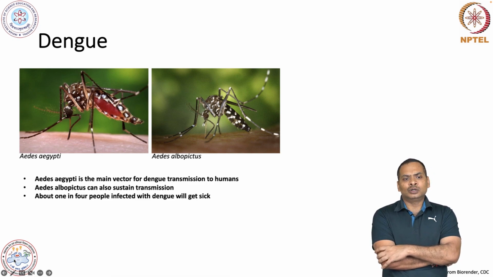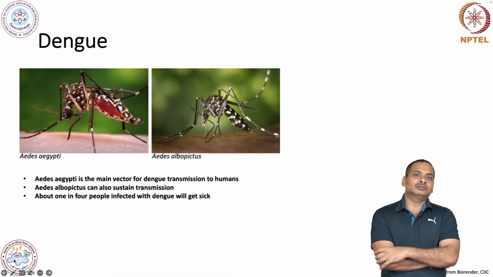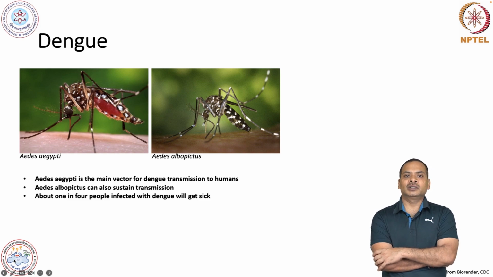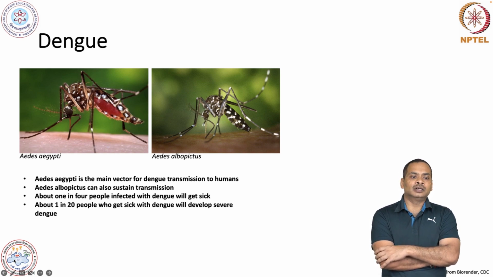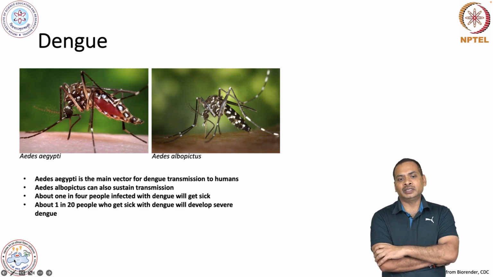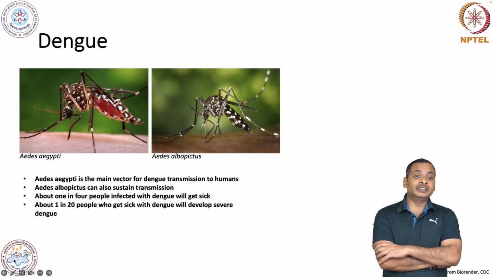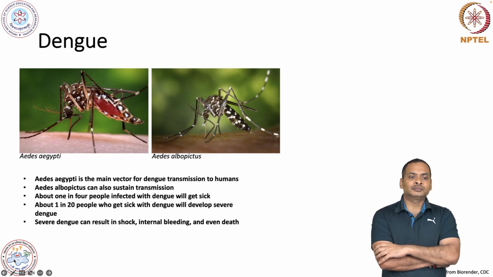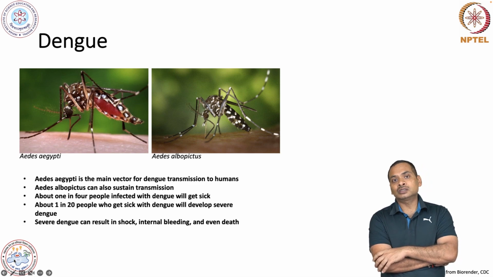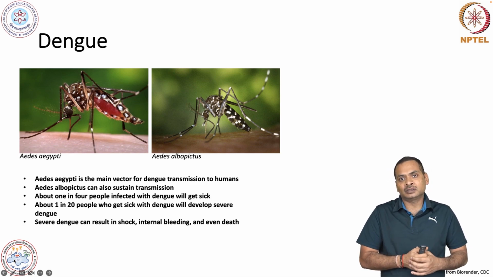About 1 in 4 people infected with dengue will get sick, and about 1 in 20 who get sick with dengue will develop severe dengue symptoms. Severe dengue can result in shock and internal bleeding, like hemorrhage.